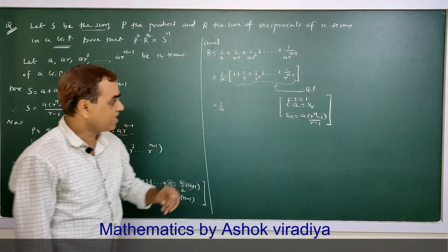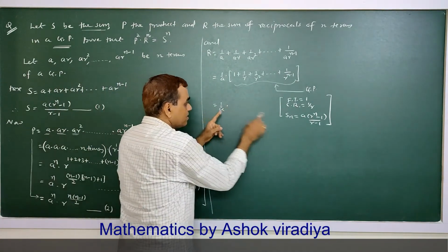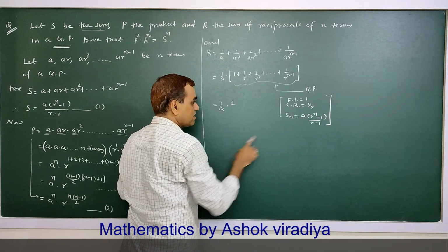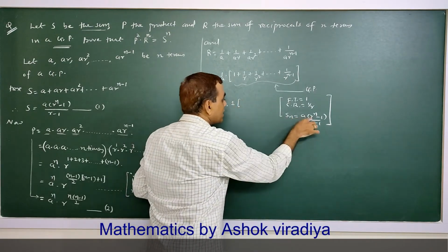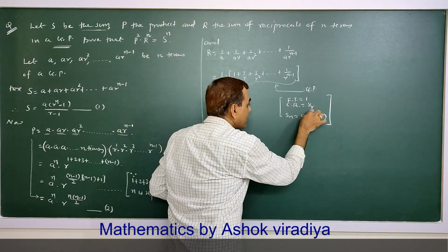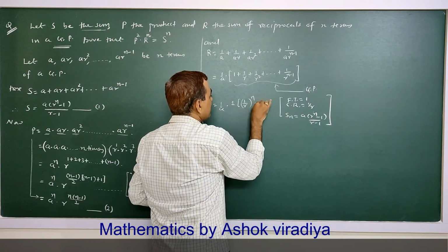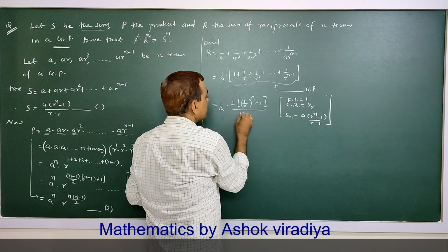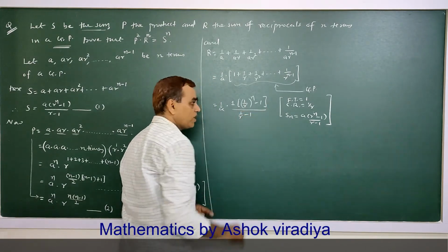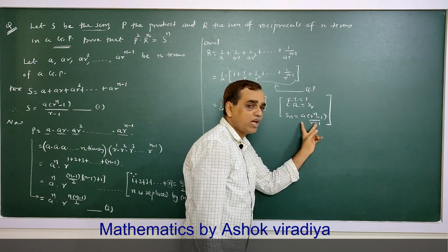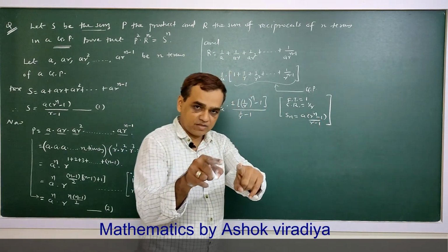We are using this formula now. So a means first term. What is the first term? 1. A into r, what is r? r is 1 by r. So 1 by r raised to n minus 1 upon r minus 1. These are symbols used in the formula, so don't be confused.